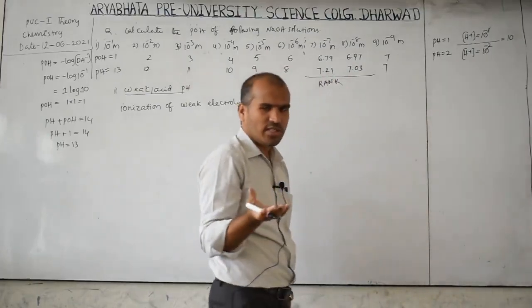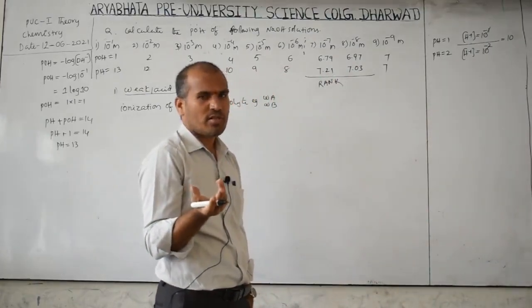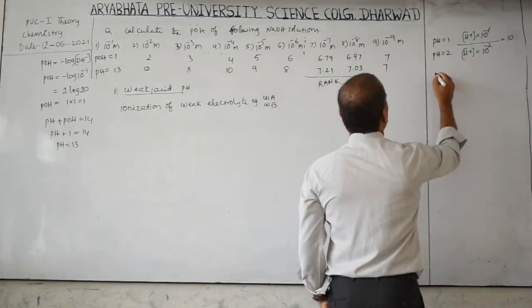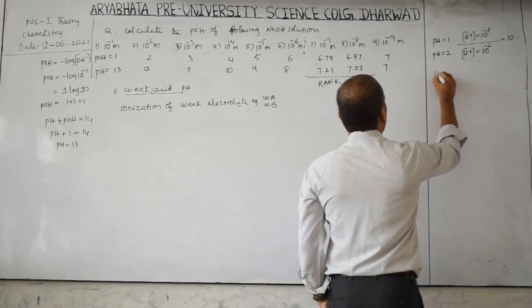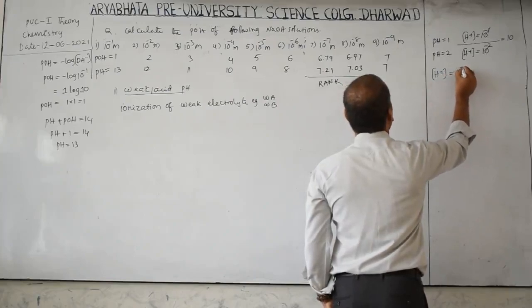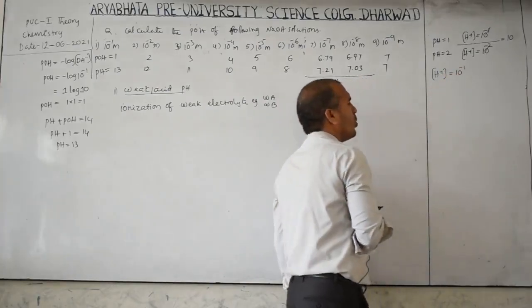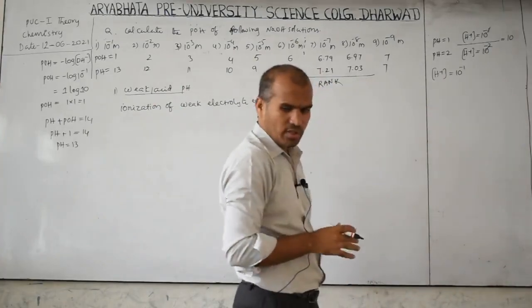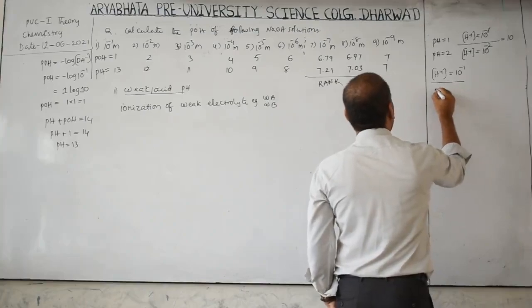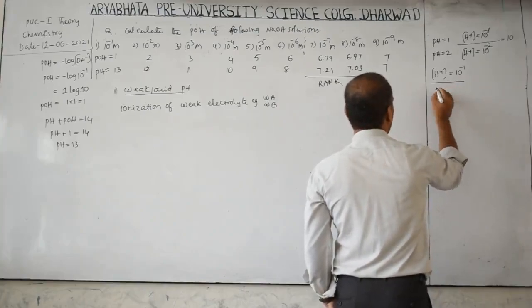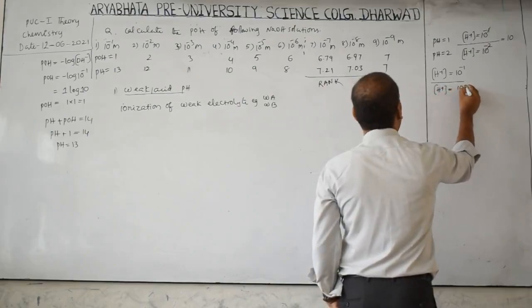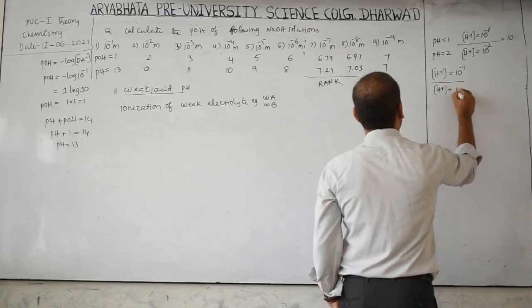If H plus ion concentration changes, then you can answer how many units the pH changes. For example, H plus ion concentration is 10 power minus 1. And next, H plus ion concentration changed by a factor of 100. 100 means 10 power 2, right?